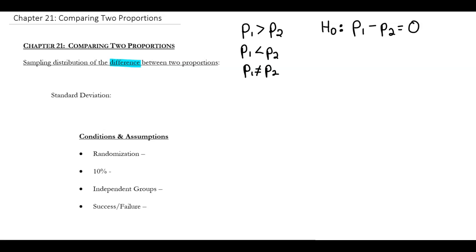One thing we want to do is make sure the bigger percent goes first and then the smaller one goes second. The reason is that then we don't get negative numbers all the time. You will still get some negative numbers, but not as many, because negative numbers can sometimes be difficult to interpret. So to make the problem easier for you, whichever percent is bigger, make that be your first one.